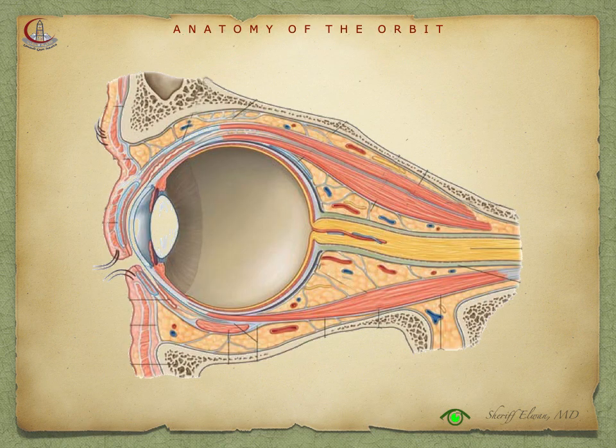On a sagittal view, we can see the globe with the extraocular muscles, intraconal fat, extraconal fat, all the vessels, nerves, and periorbita, and finally the lids with their mobile structure.